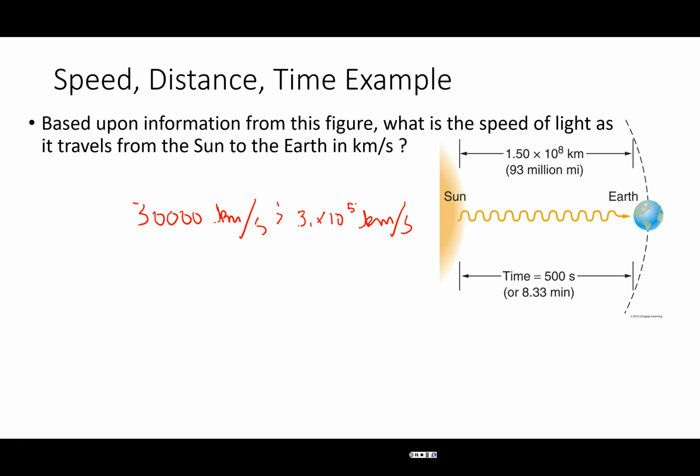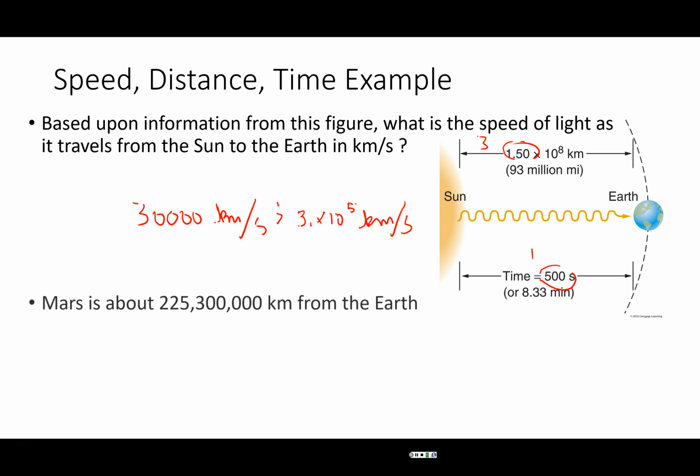You basically round to the fewest digits of what you divided. So 1.50 times 10 to the third gives us 3 digits up here. This down here only gave us 1 digit. So you're only allowed 1 digit.